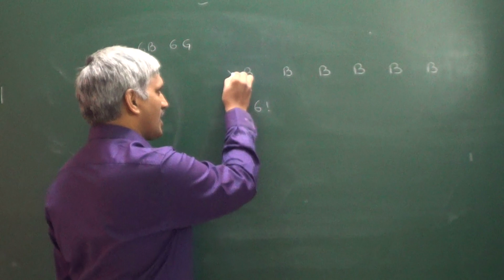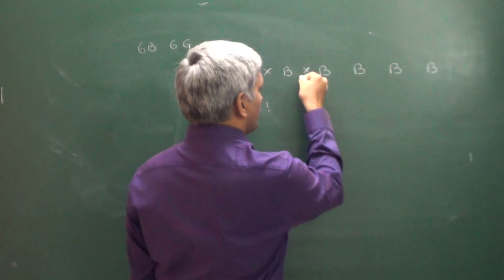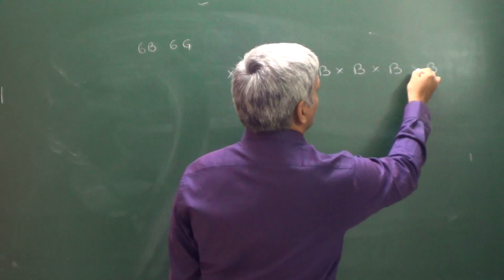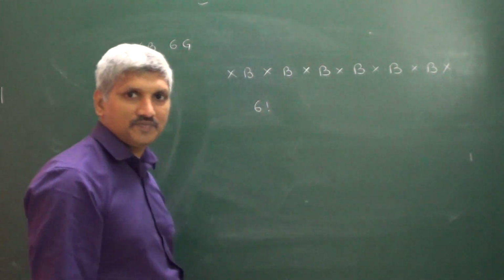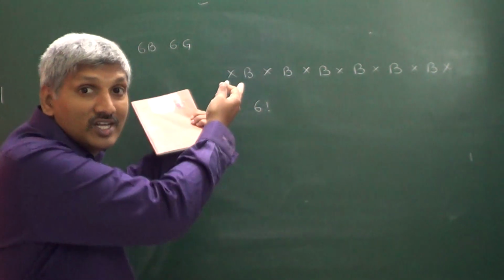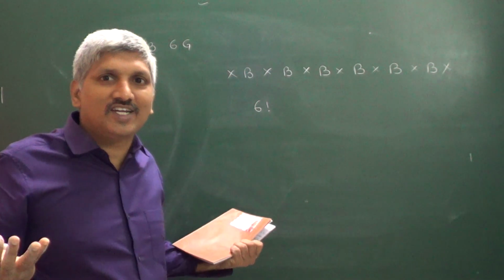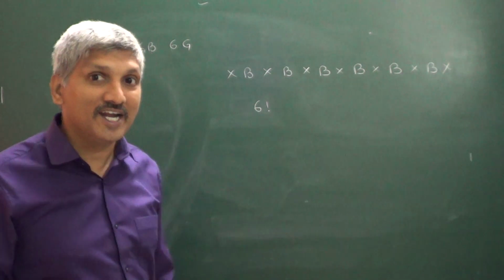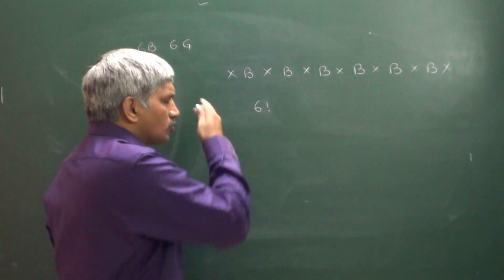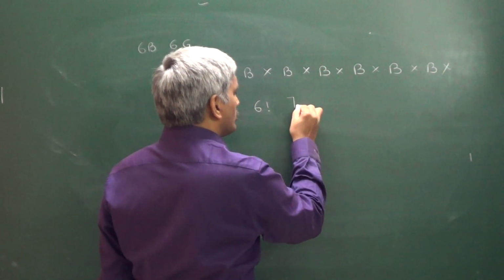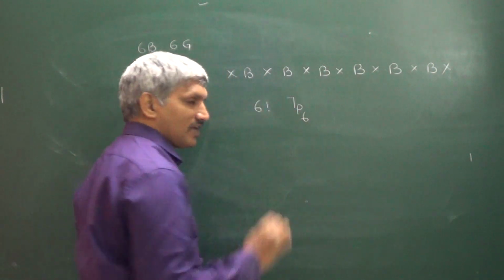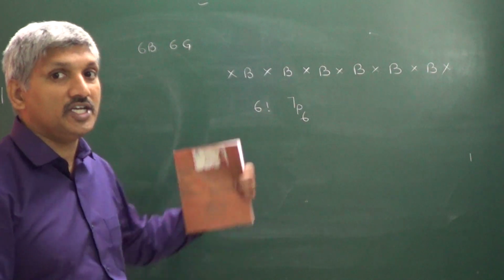So now these are the gaps, 1, 2, 3, 4, 5, 6, 7 gaps. Now I am filling the girls in those gaps, then definitely boys and girls alternately only. But wait. These 7 gaps I am filling with the 6 girls in 7P6 ways, right? It is wrong.